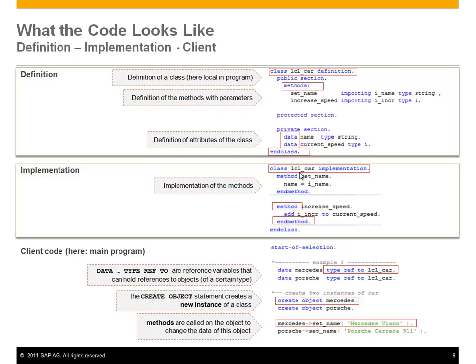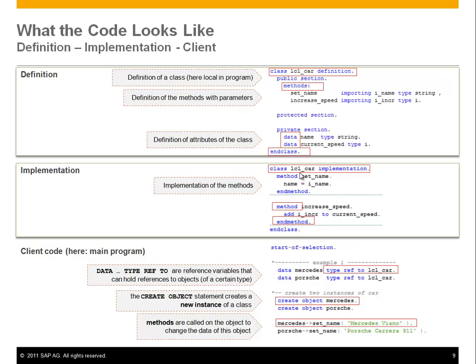The syntax there is very similar to functions, so you have a name and then importing parameters and type and so forth. Then you also see a data definition, just like anywhere else in the code you can define data. You see here there is data name type string, current speed type integer, and this is where you define the data of this class.